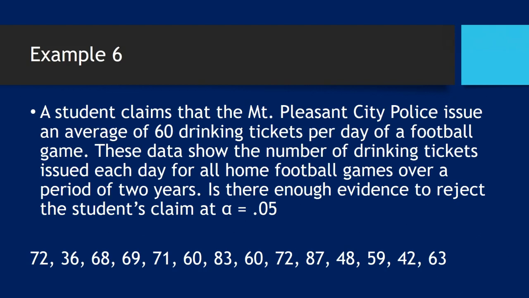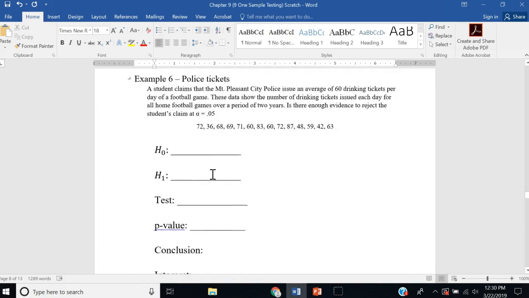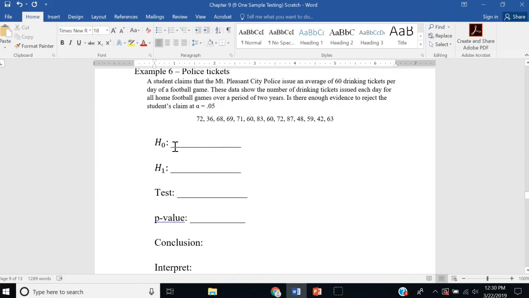Now, the difference between this example and previous ones is that here we have raw data. Rather than being given statistics, we're given raw data. Once again, don't think that we turn immediately to our calculator. Before I even turn to my calculator, we want to set up the null and alternative hypotheses.